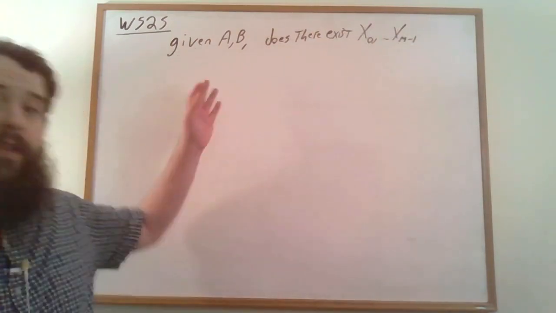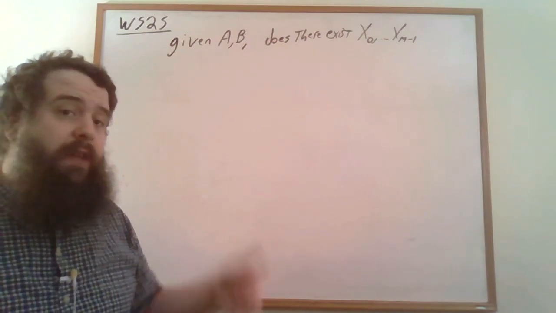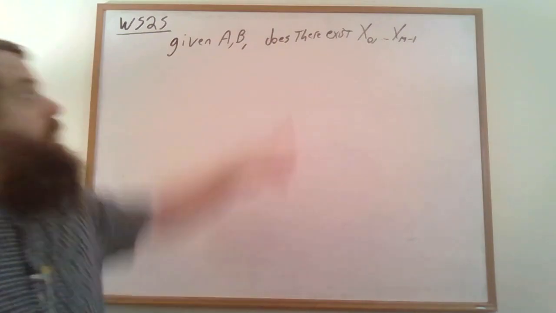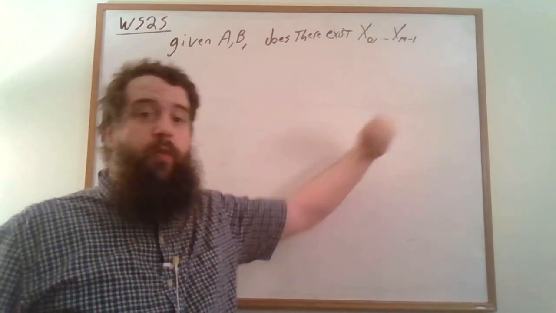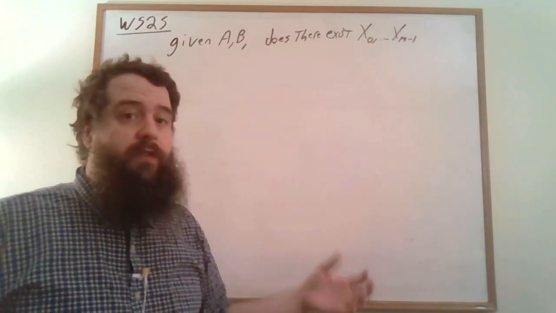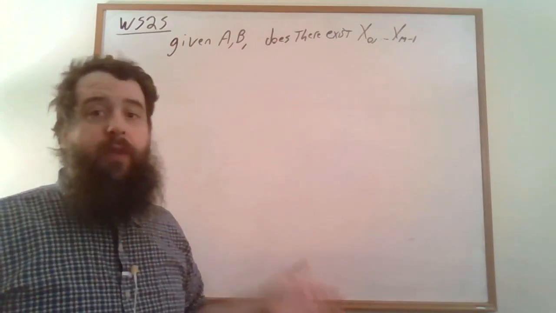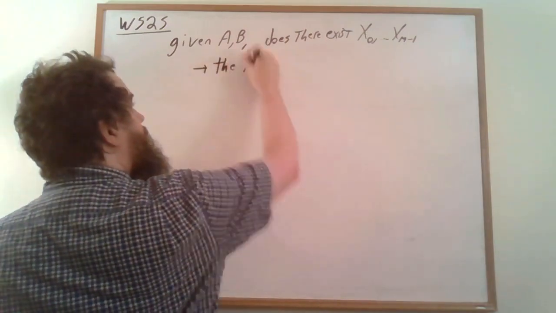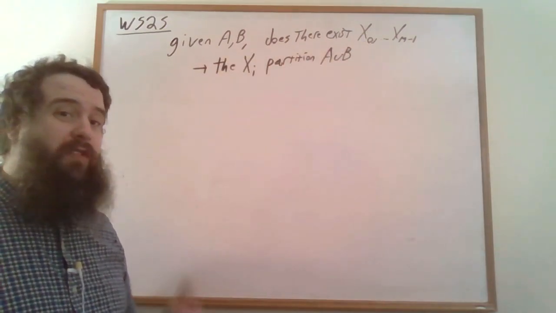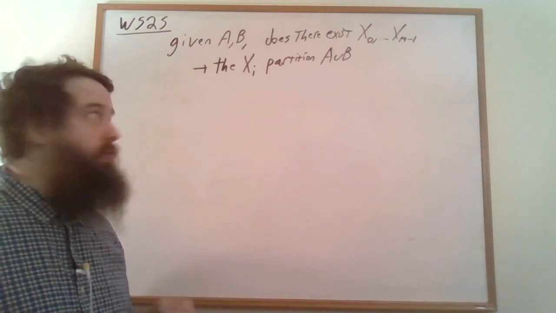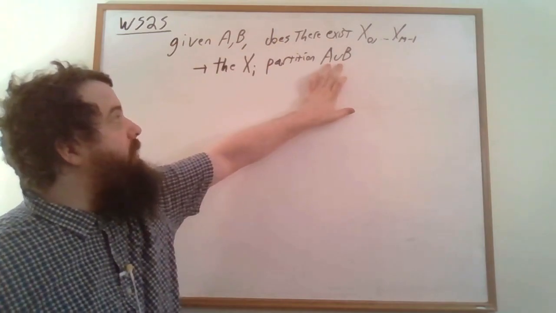So given the sets that encode a particular tree word input to our automaton, does there exist sets that encode the run, the association of states to each of the nodes, that satisfy the following properties? We're going to want to associate a state to every position in our tree. The positions in our tree are given by A union B, right?